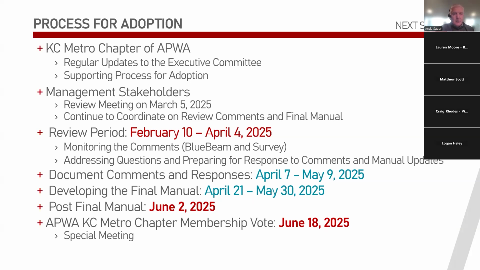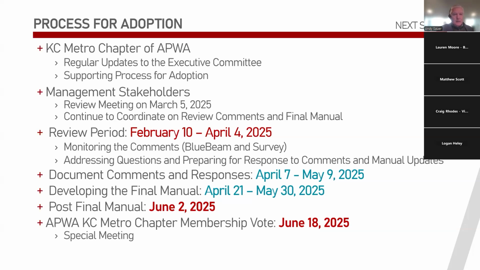And then after the review period closes on April 4th, our intent is to organize and summarize those comments for response. Most likely in some, obviously, table format of how we'll address those comments. Depending on the number of comments, we'll probably need several weeks to get through those. And then based on those comments, what we're envisioning is to develop what we call a final draft manual, hopefully by the end of May for a posting of early June.